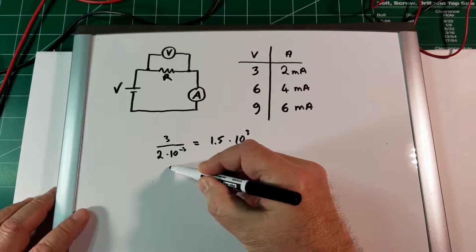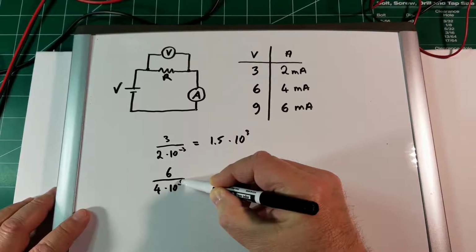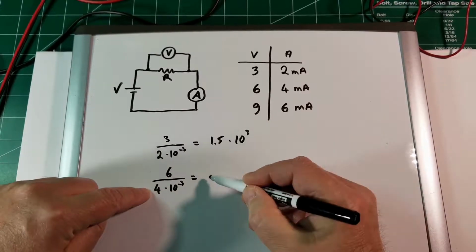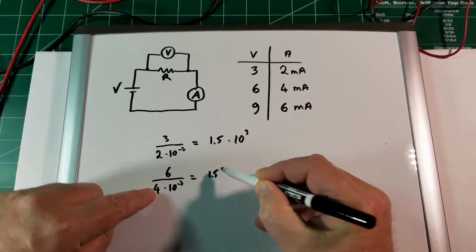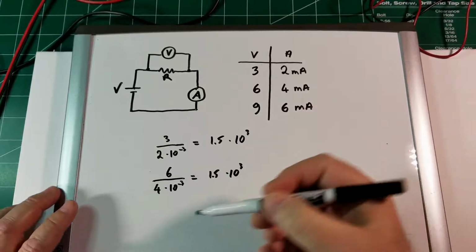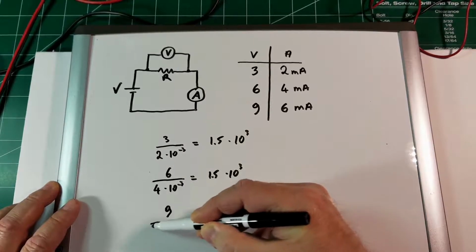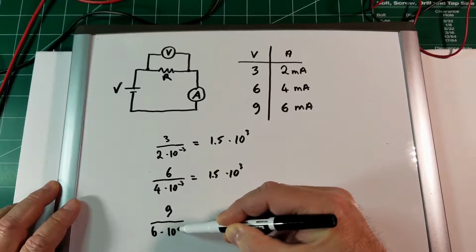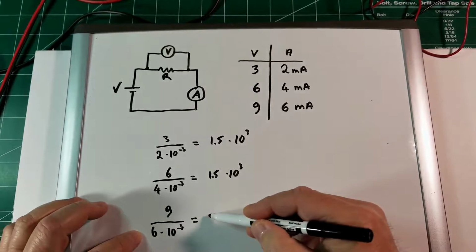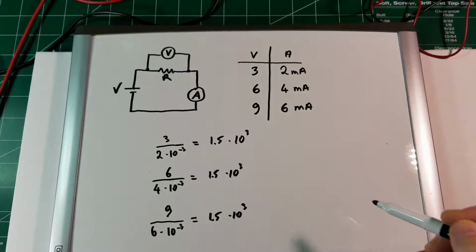So we have 6 divided by 4 times 10 to the power of minus 3, which is 6 divided by 4, still 1.5, and this is still 10 to the power of 3. Let's see if it is true also for this one. This is 9 divided by 6 times 10 to the power of minus 3. 9 divided by 6 is still 1.5 times 10 to the power of 3.